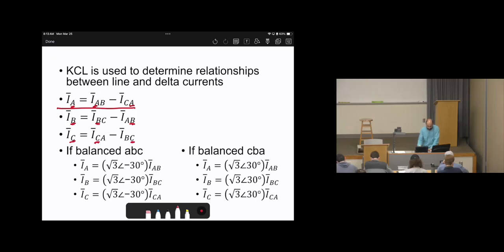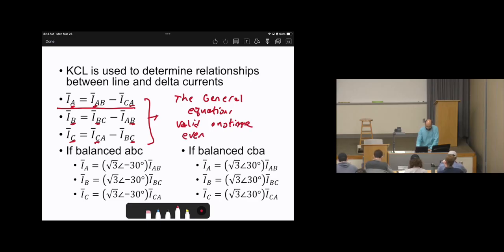So keep in mind these 3 equations are the general equations that are valid anytime, even if it's unbalanced. Recall when we discussed line-to-line voltages, VAB equals VAN minus VBN, and so on.